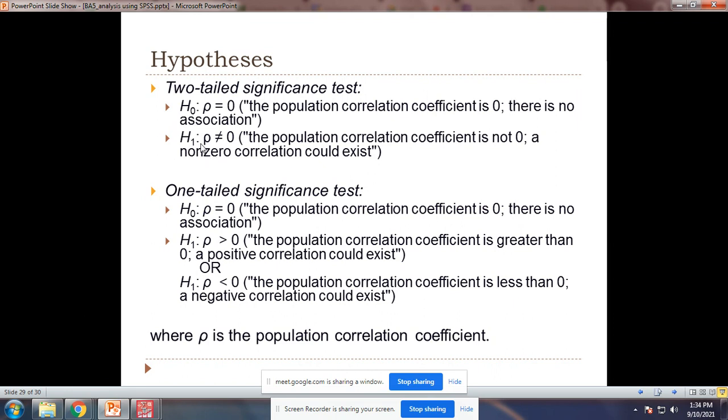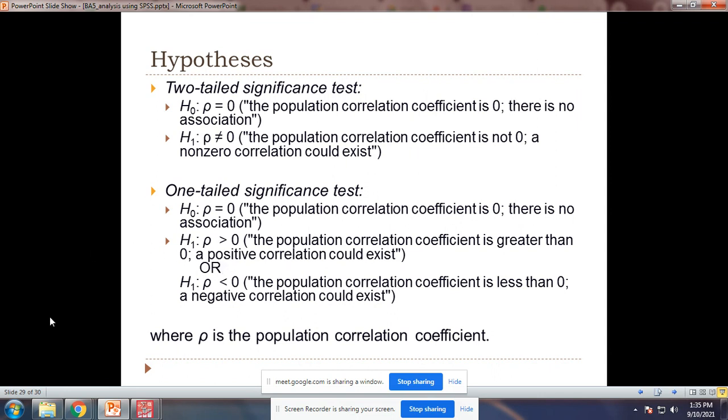And your alternate hypothesis is just the opposite of your null hypothesis. So here we will say that the population correlation coefficient is not equal to 0. That means there is association between the variables x and y, or you can say there is a relationship between the variables x and y.